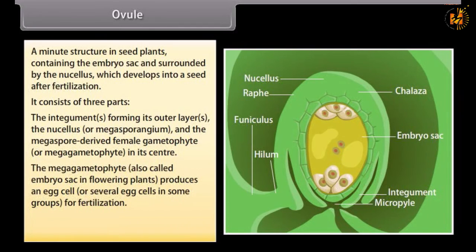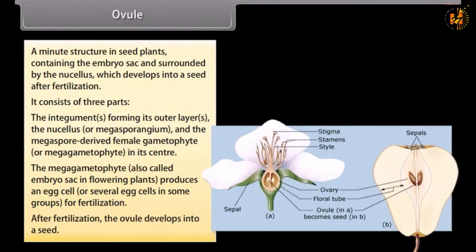The megagametophyte, also called the embryo sac in flowering plants, produces an egg cell, or several egg cells in some groups, for fertilization. After fertilization, the ovule develops into a seed.